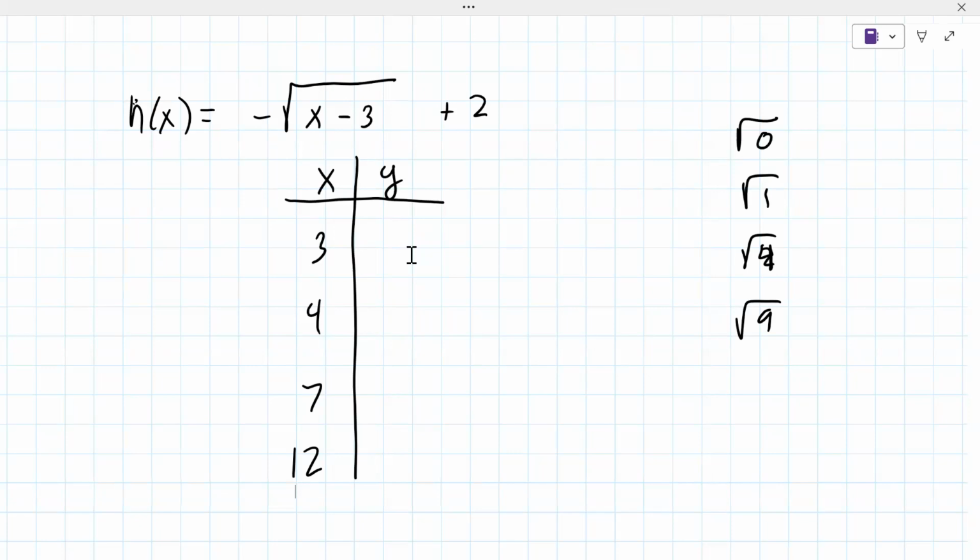Is it 2? 2. Good. All right, so give the next ones a try, please.